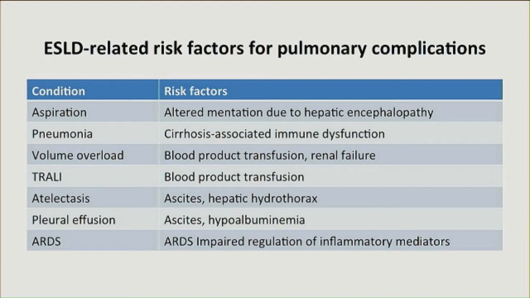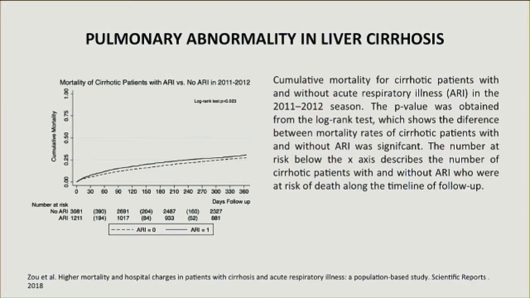And TRALI also may develop, caused by the immune mediation system. And the most frequent complication of the lung in liver cirrhosis, from my experience, is pleural effusion caused by hepatic hydrothorax, that may cause atelectasis of the lung. And also, ARDS is the most fatal cause in patients with liver cirrhosis complicated with the lung.